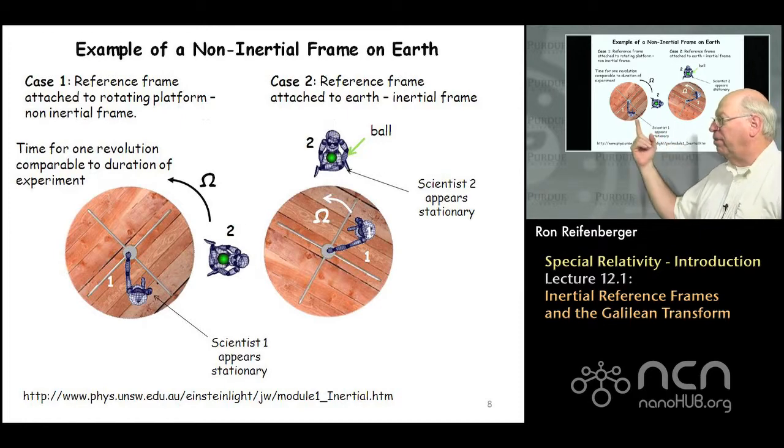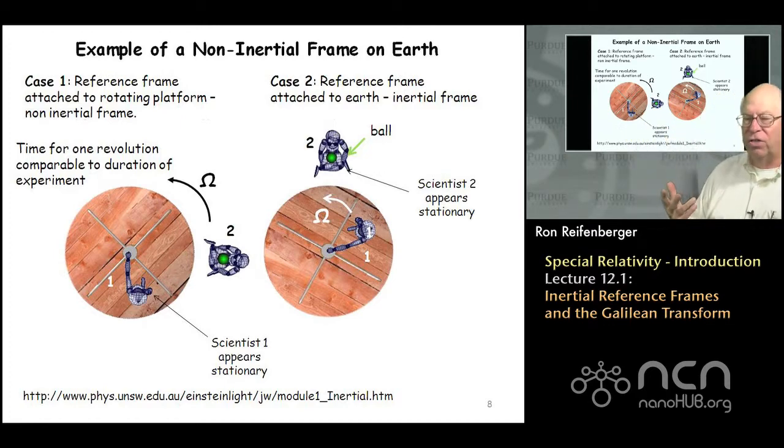Basically, we've got two situations. We've got a rotating platform, rotating at a constant angular velocity omega, and there are two scientists, scientist 1 and scientist 2. Scientist 1 is going to have a ball, and at a particular point in time he's going to roll the ball so that scientist 2 can catch it.